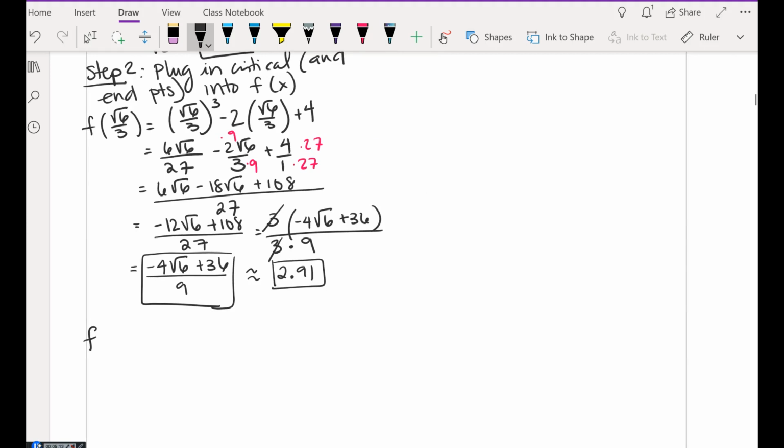So similarly, negative rad 6 all over 3 is going to be negative rad 6 all over 3 raised to the third power minus 2 times negative rad 6 all over 3 plus 4. Go ahead and work out the basic math and then give me the final exact and decimal answers, okay?